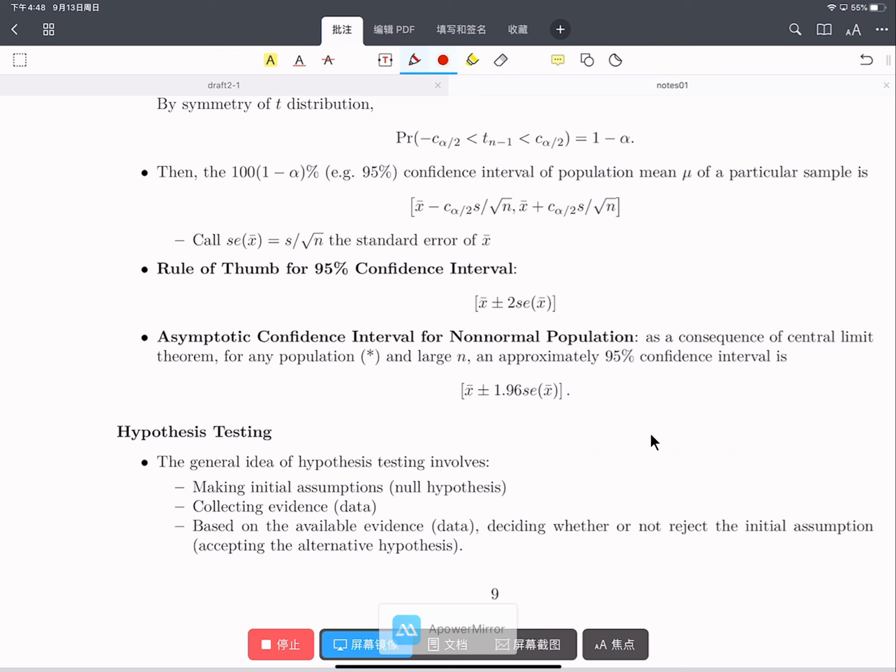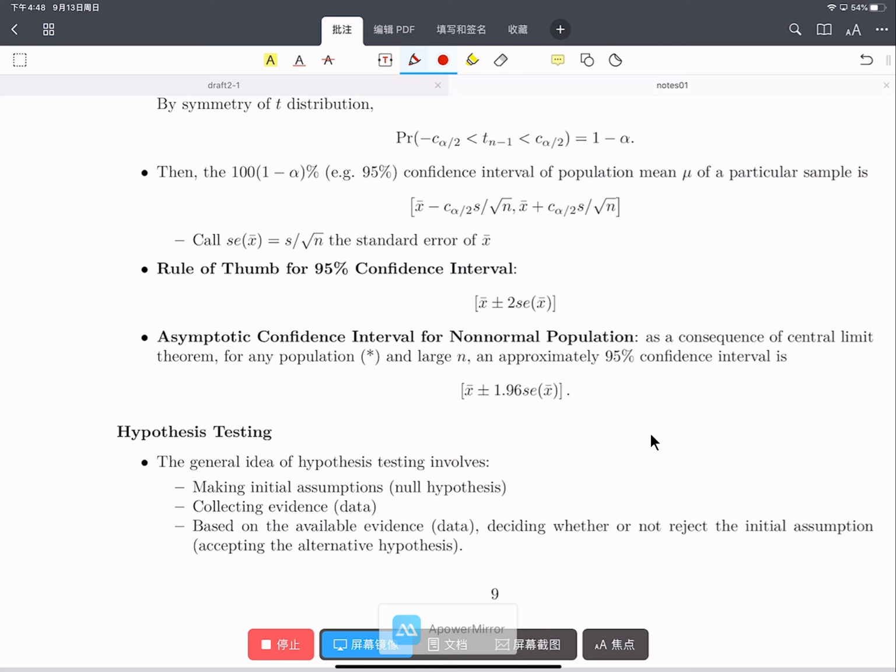For example, you want to know the average wage of all workers in a factory, and your guess is that the average wage is, say, $1,000.